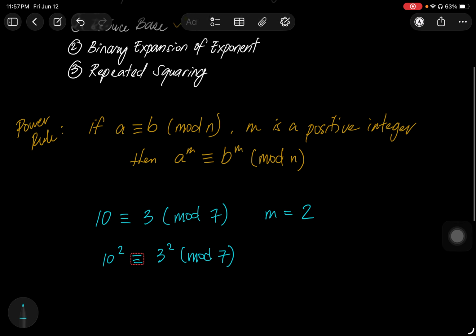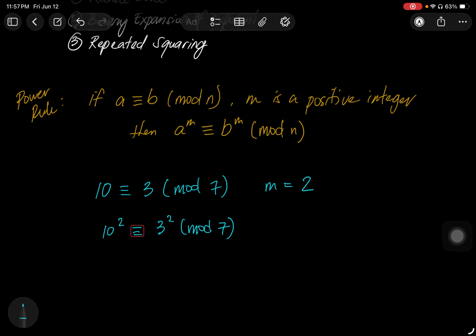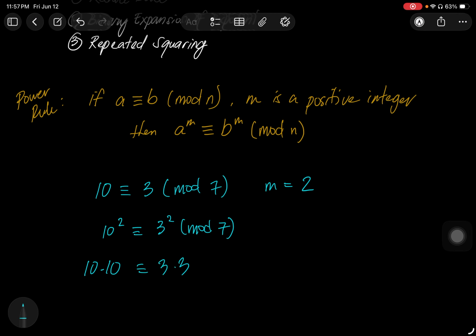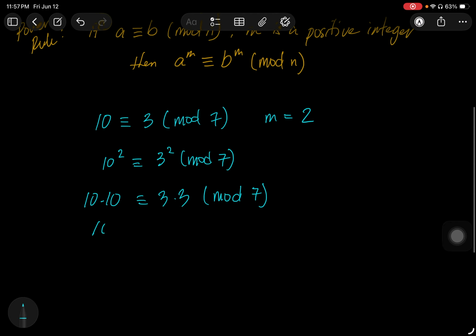So let's solve this one. 10 raised to 2 is 10 times 10, and 3 raised to 2 is 3 times 3, then mod 7. Let's simplify. This will be 100, congruent to 3 times 3 is 9 mod 7.